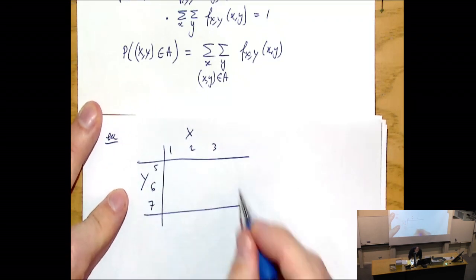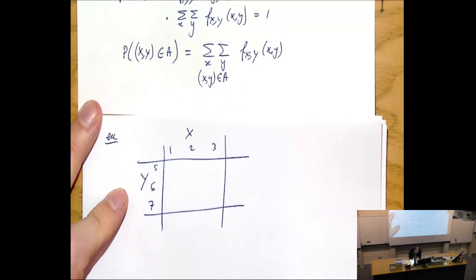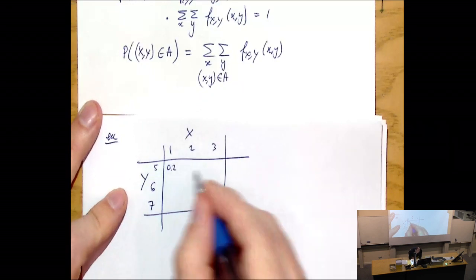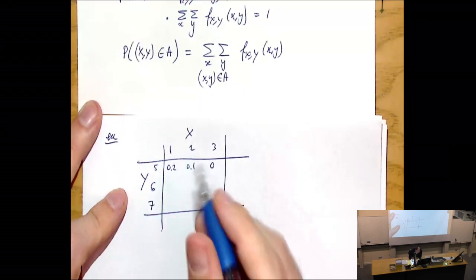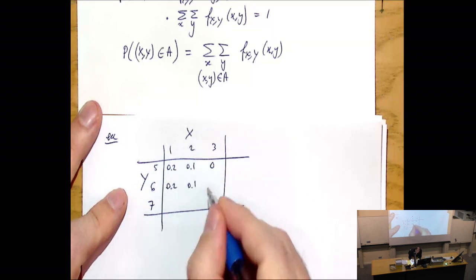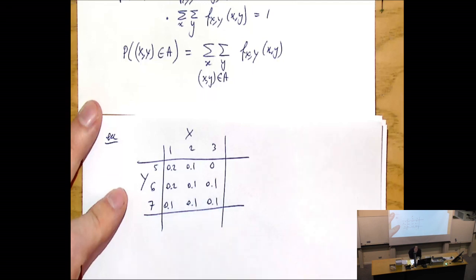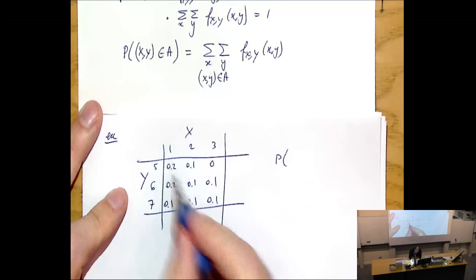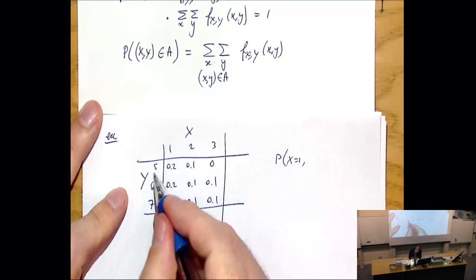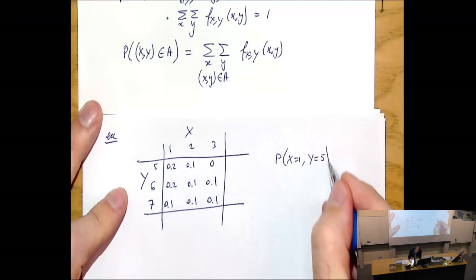And I'm given the joint probability mass function. The joint probability mass function is given by this, for instance. What that means is that the probability of having X equal to 1 and Y equal to 5 is equal to 0.2.